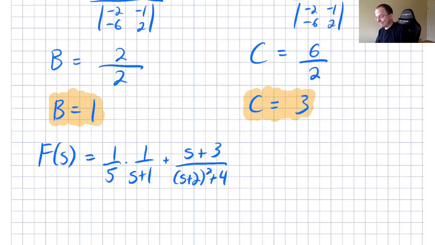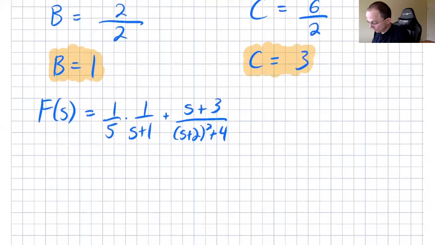Okay. And now, this term, we know this is e to the minus t, but this term requires us to use translation because we have this s plus 2 squared here. And we need to make an s plus 2 up here as well.